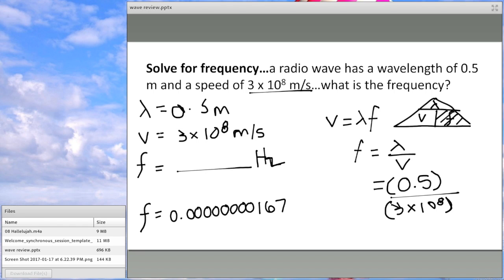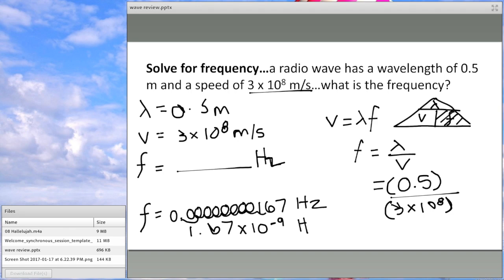Okay, this is what I got. Now, you can leave it like that, or you can write 1.67 times 10 to the negative 9.